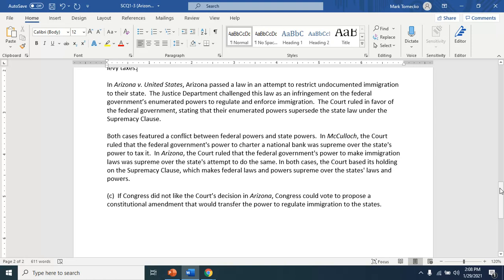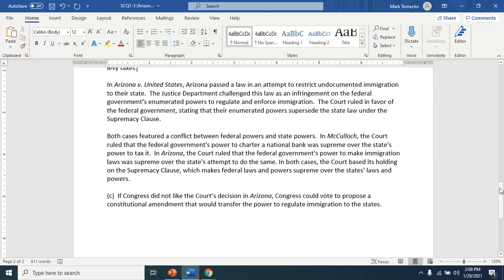I think it's very important when you're comparing these cases that you kind of answer this question. What did the court tell us about the clause, or what did the court tell us about the principle in both of these cases? Did they tell us the same thing about the supremacy clause? Or did they tell us something different in each case?